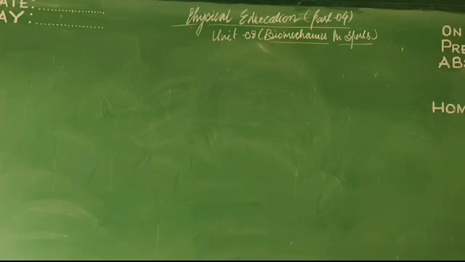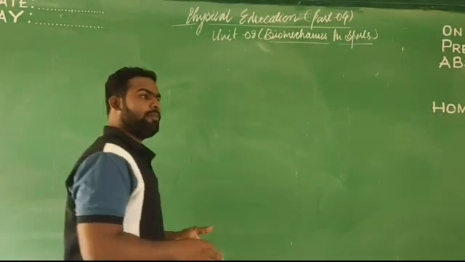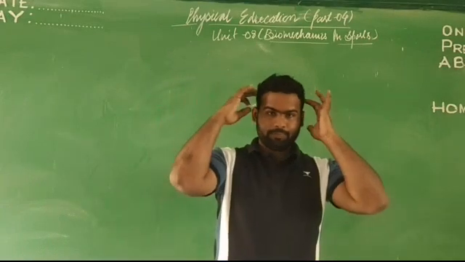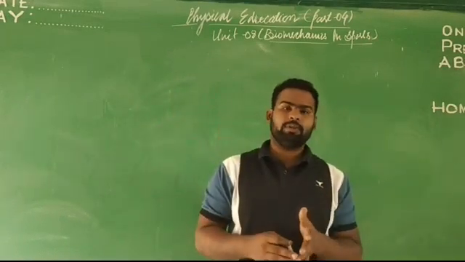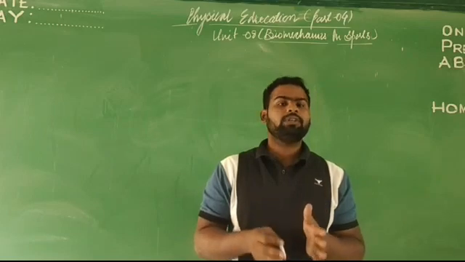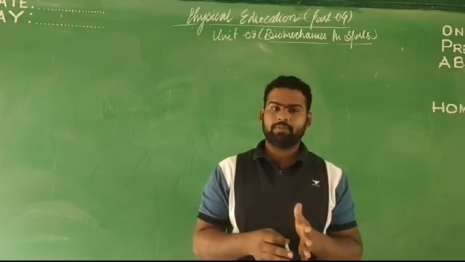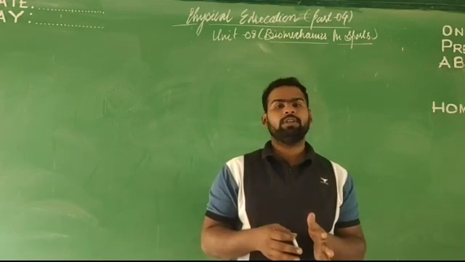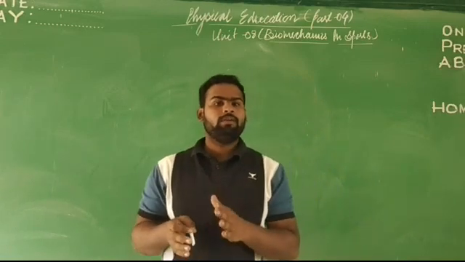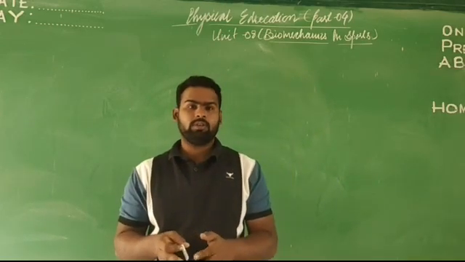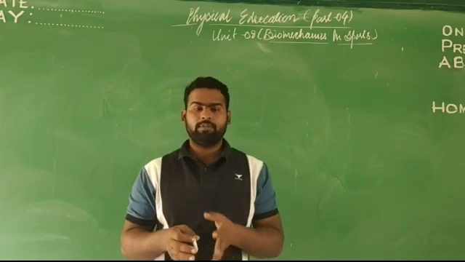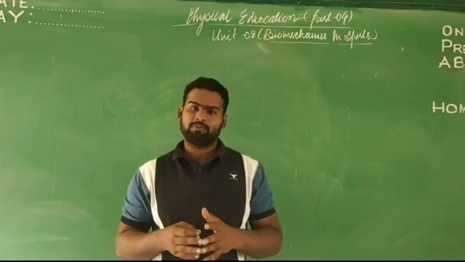Immovable joints, for example the skull, are fixed. A movable joint is your knee, the patella joint. Slightly movable joints are those of the vertebral column.